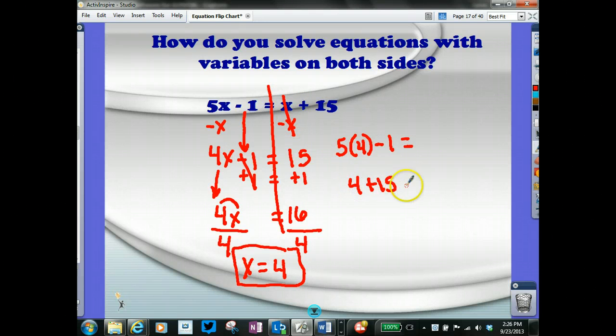Well, 5 times 4 is 20, minus 1, 19. 4 plus 15, 19. So I know this solution is correct. And again, this has one solution. When I plug it into both sides, I get an equal solution. So that's how I know I've done this mathematically correct.